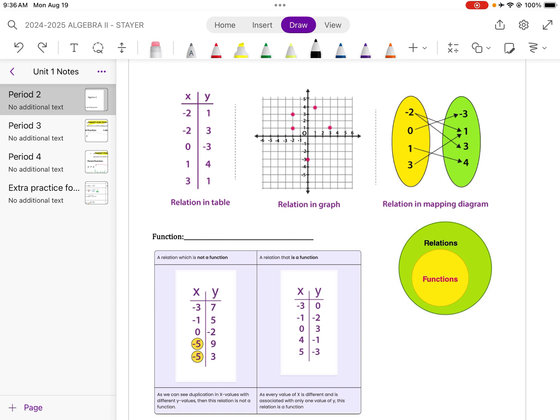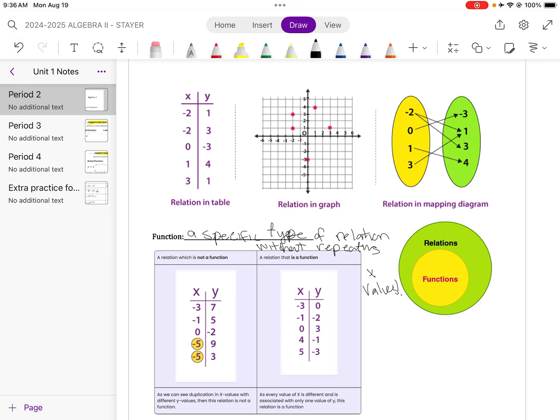So a function is a specific type of relation without repeating x's. Now that repeating x's can look a lot of different ways, x values.